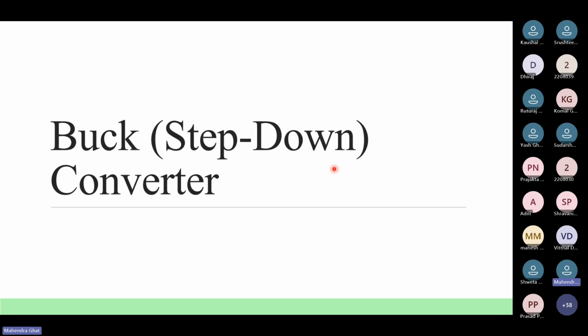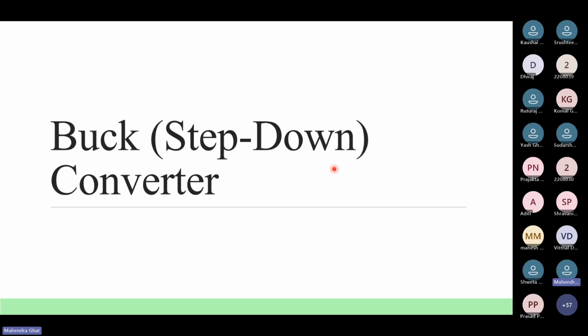Again, both isolated and non-isolated have different types: step up converter, step down converter, and step up step down converter. The step down converter is called the buck converter.